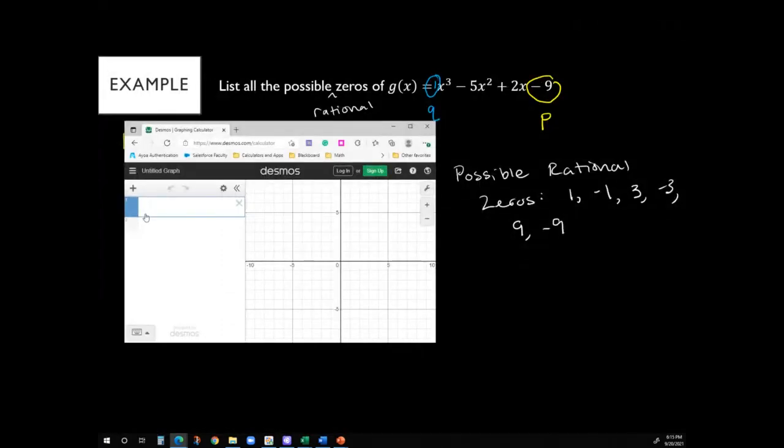And I'm going to put in our function. G of x equals x cubed minus 5x squared plus 2x minus 9.